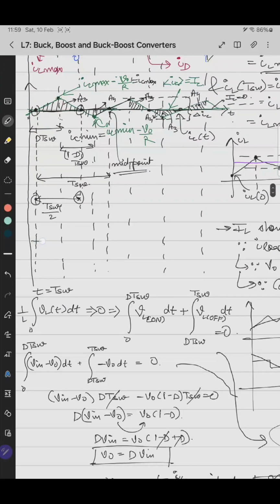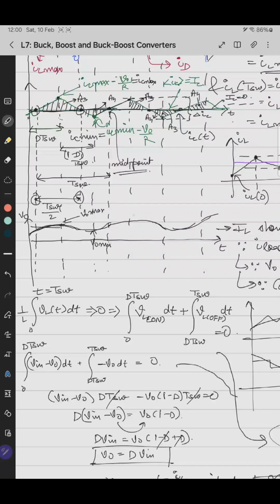So during the on time, it will be a polynomial type of curve like this, and then again the slope is falling, which means it will be a reverse polynomial, like this, again like this, again like this. This is V0. So it is V0 max, it is V0 min.